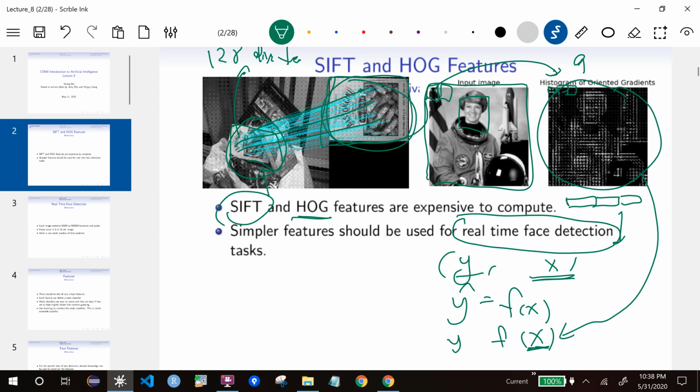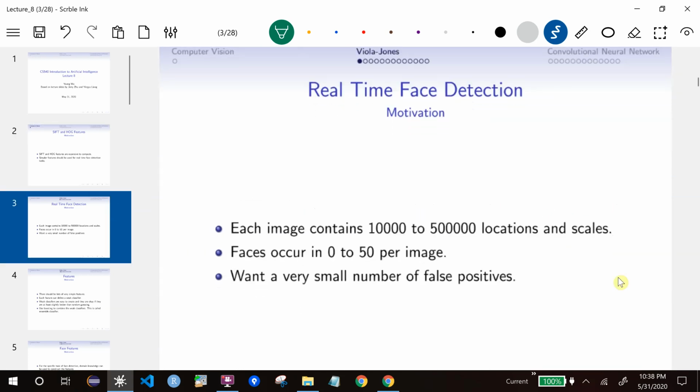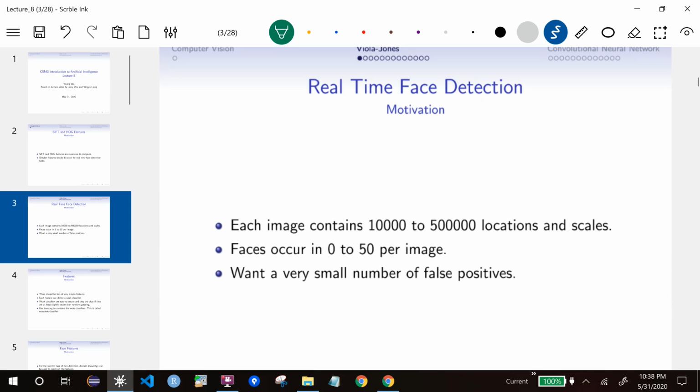So we need to come up with something else. In fact, when we are actually doing real-time face detection, there are many locations at different scales. However, there are only a few faces. So there are a huge number of regions that are not faces that we want to reject very quickly.